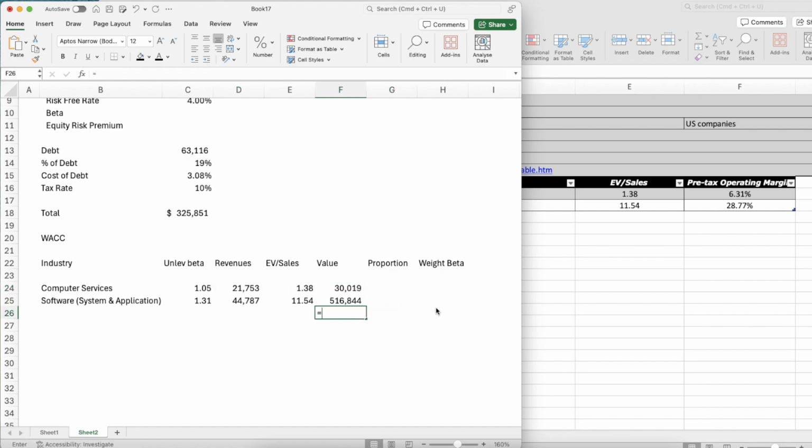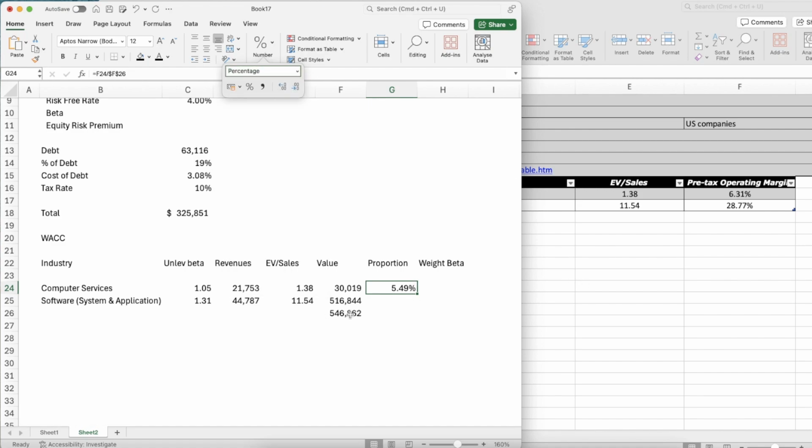So the total value of the revenues, if you do it on an EV to sales, is 546 billion. So the proportion of that from computer services divided by that total, so we can actually put this into a percentage.